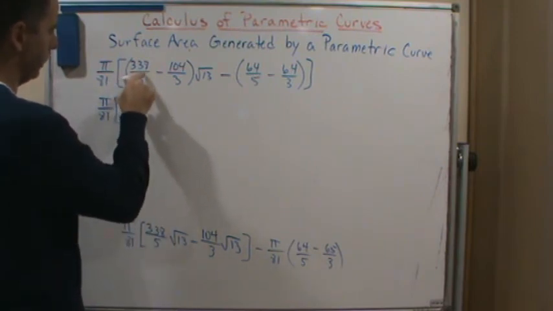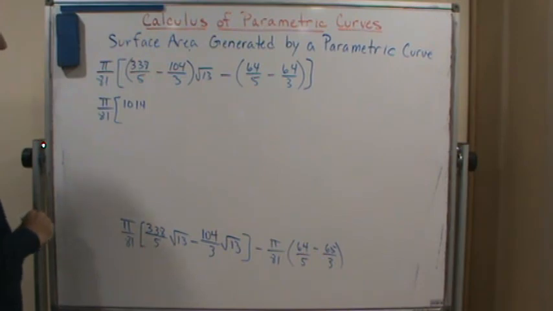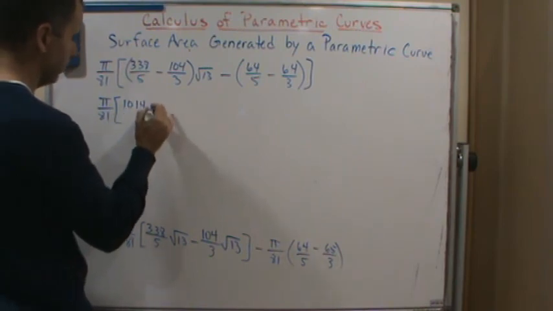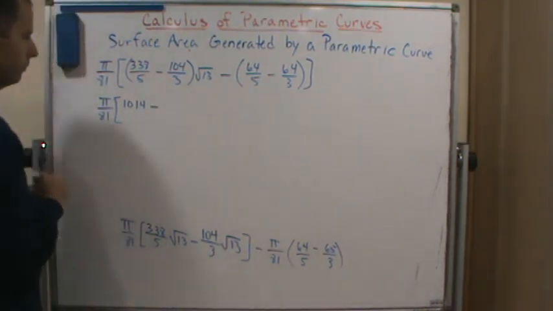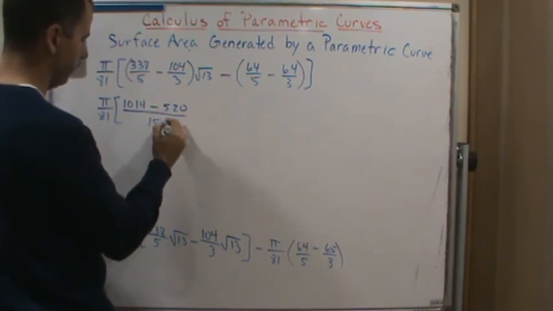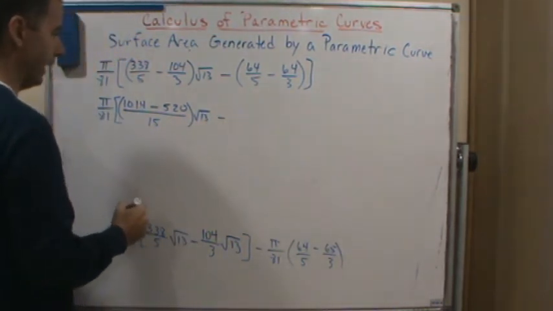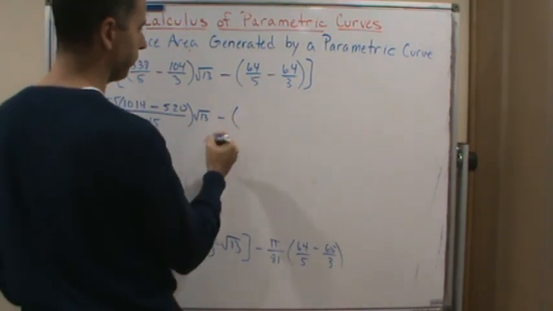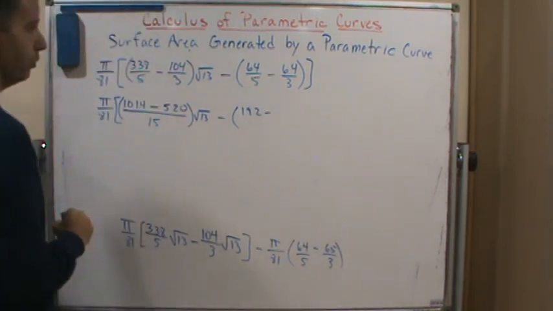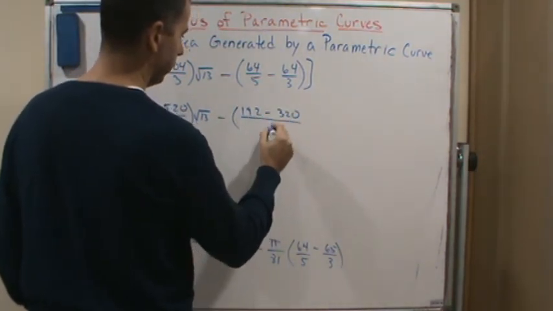So 1014 minus 520 over 15 times the square root of 13, minus, this is going to be what? 192 minus 320 over 15.